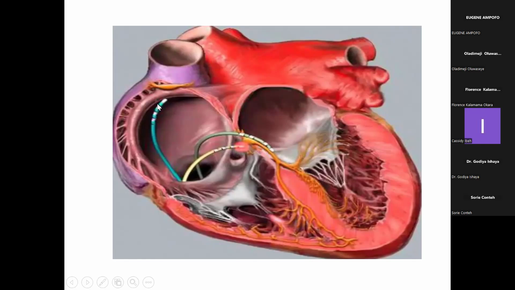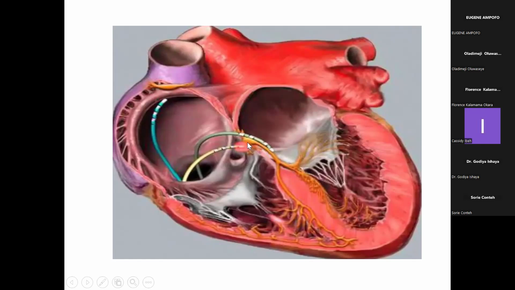You see it when we're looking at the graphs, meaning that it's monitoring SA node activity. So it can be used to stimulate the right atrium, and it can also be used to sense electrical activity in the right atrium.